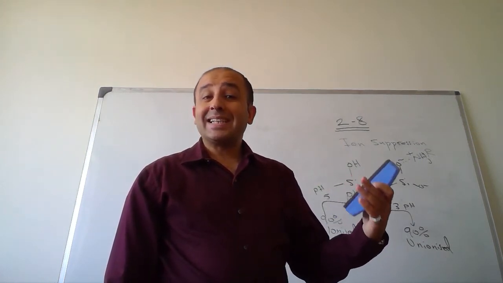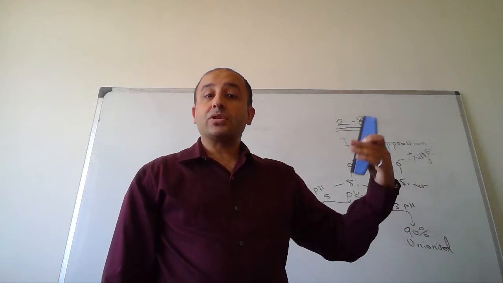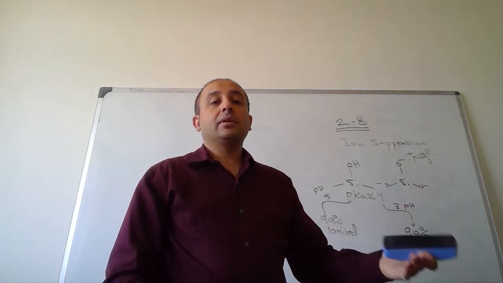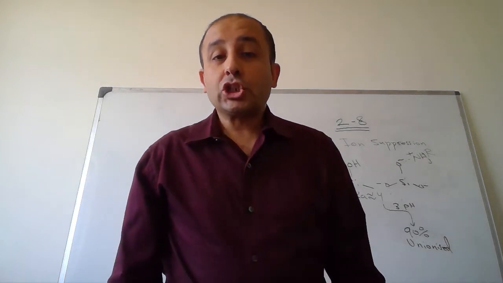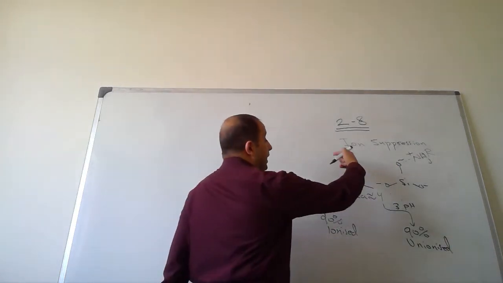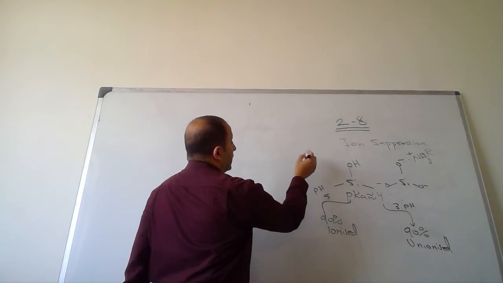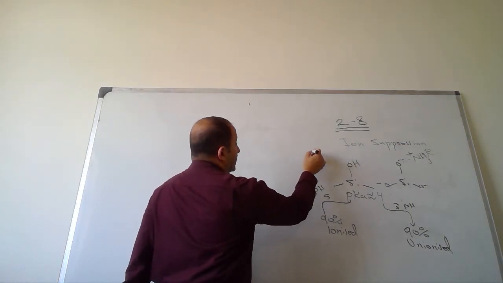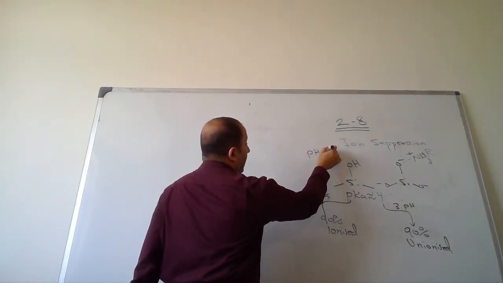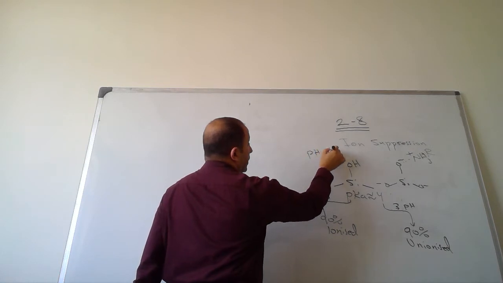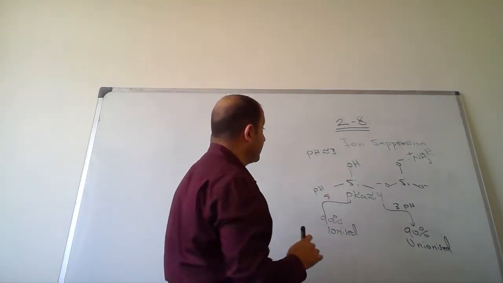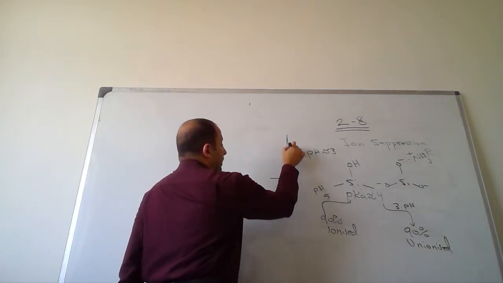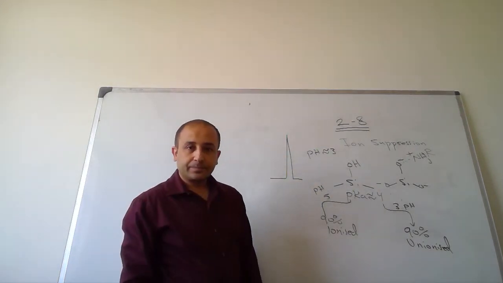Hydrogen bonding is not as strong as ionic interaction. We will end up in this case with sharp peaks by using low pH. So it's better to stick with pH around 3 for the mobile phase, particularly for basic compounds, in order to gain sharp peaks. Okay.